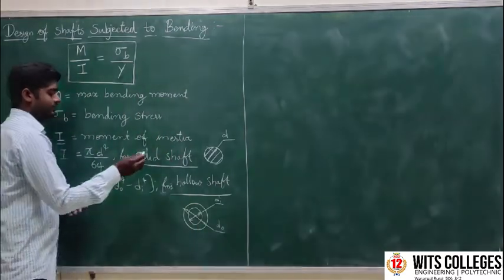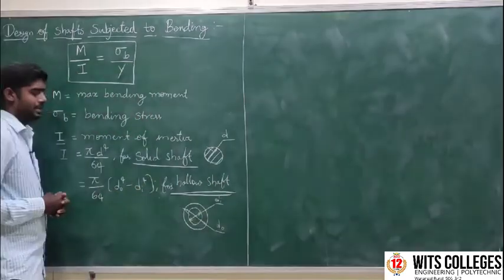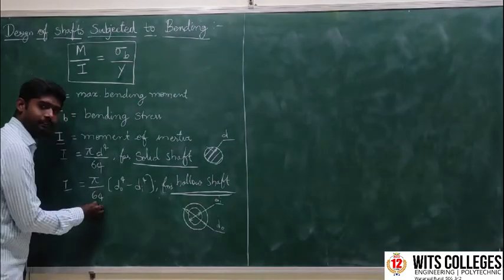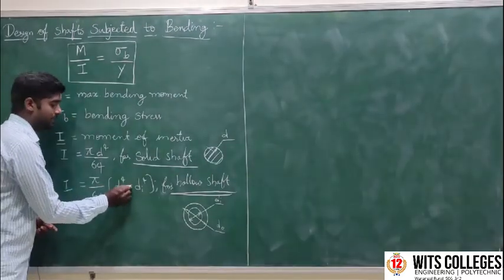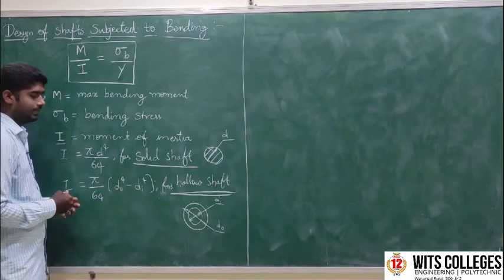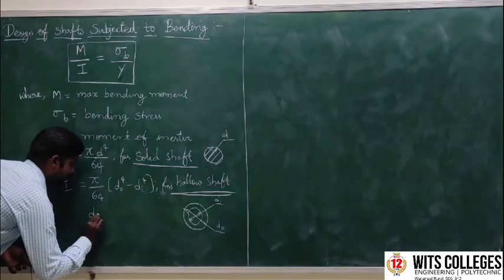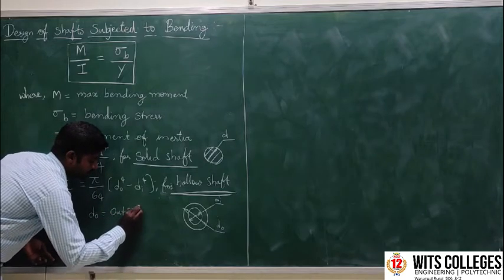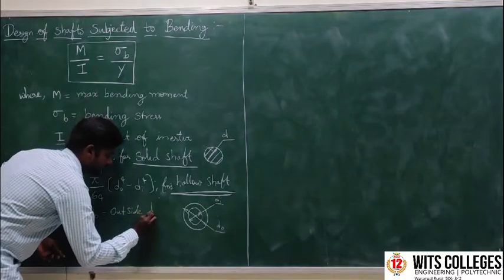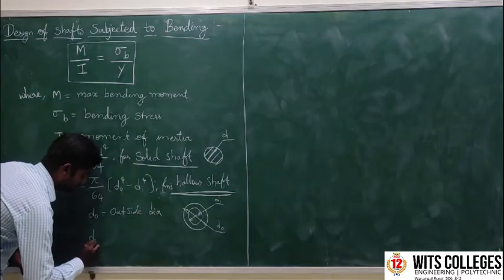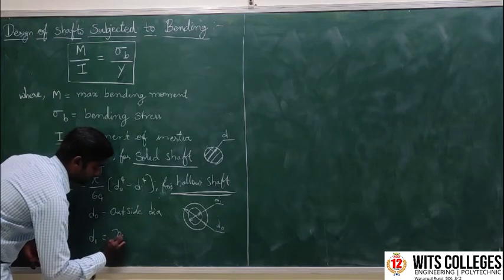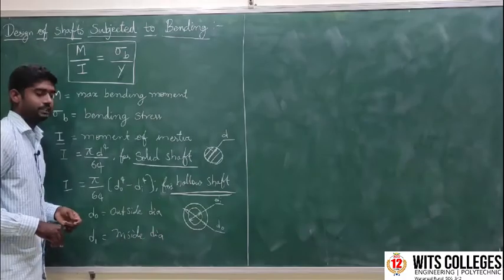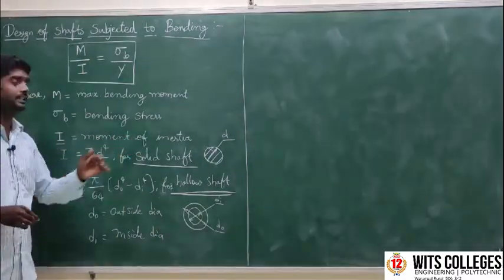For a hollow shaft, I is equal to pi by 64 into d naught power of 4 minus di power of 4, where d naught is the outside or outer diameter and di is the inside or inner diameter. This is the moment of inertia.